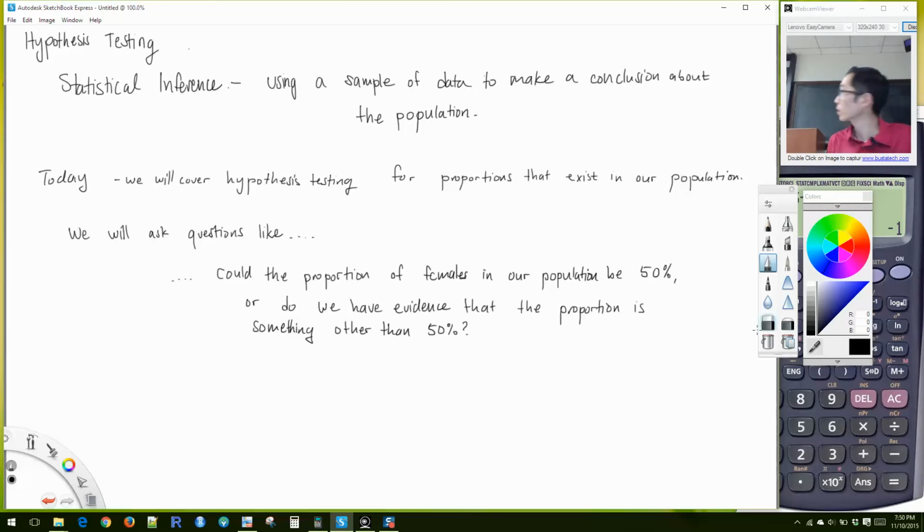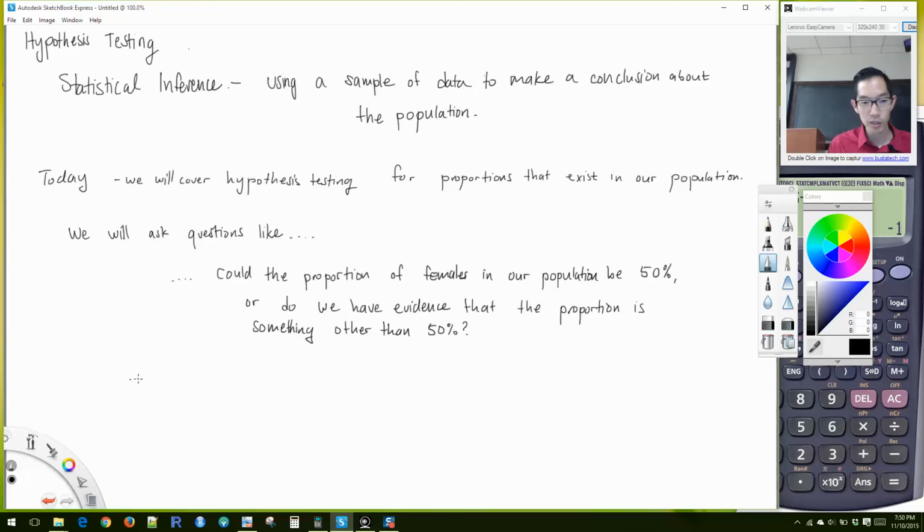So this is a statistical question. We're going to look at some data and we're going to ask, could the proportion of females in our population be 50%? Or do we have evidence that the proportion is something other than 50%? Okay, and we can just replace these types of questions with whatever other topic we are asking about.